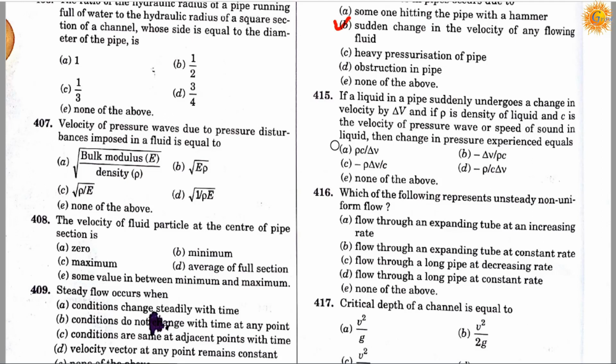So correct answer is A, it will be rho C upon delta V.